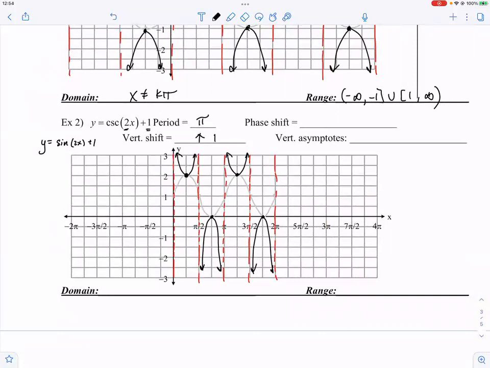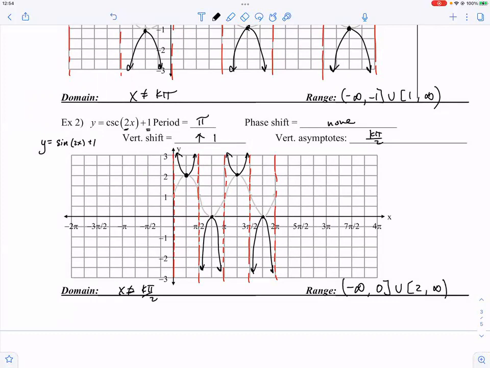In this case, the asymptote would be k pi over 2, because it appears every pi over 2 units. And the domain: x cannot equal k pi over 2. The range is -infinity all the way to 0, including 0, and then from 2 to infinity.